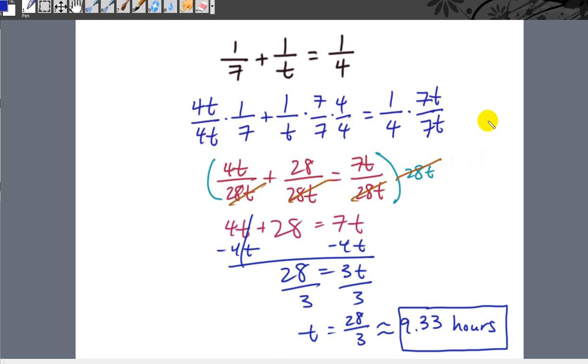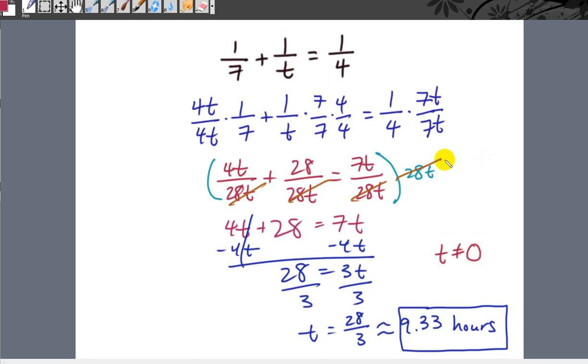Hello. Okay, so it seems that I forgot to answer that part where it says, in the word problem, explain whether the answer is reasonable or not. This will be reasonable because, as you can see here, we have 1 divided by t. This implies that t just can't be 0.